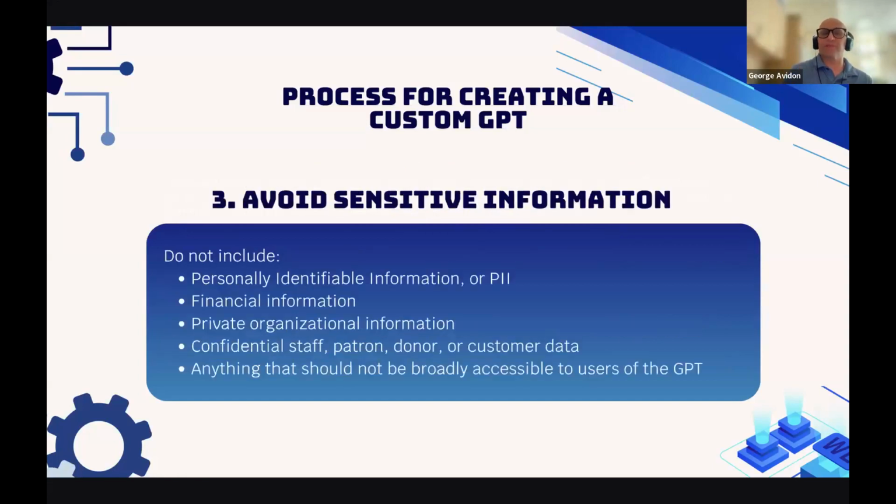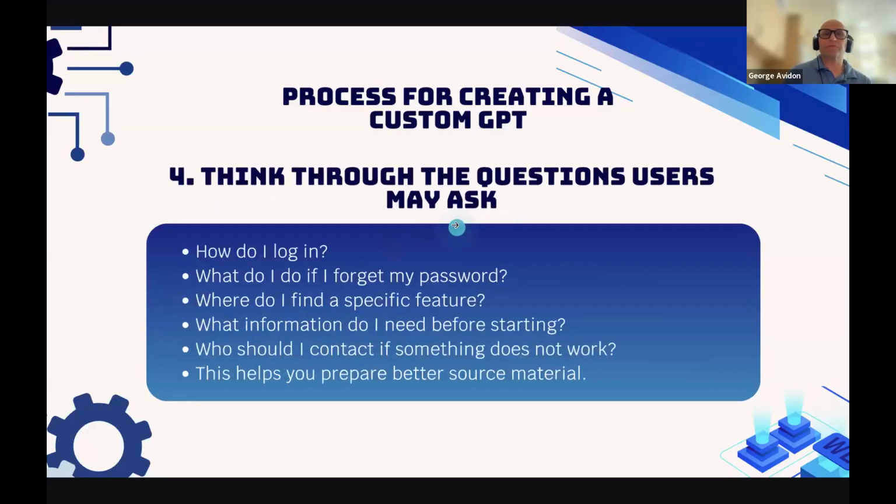Avoid sensitive information. This is obvious, but really important. Do not include personally identifiable information, financial information, private organization information, confidential staff, patron, donor, or customer data, anything that should not be broadly accessible to users of the GPT. Think through the questions users may ask. Pretty straightforward.